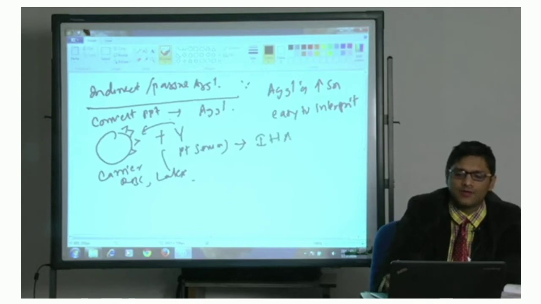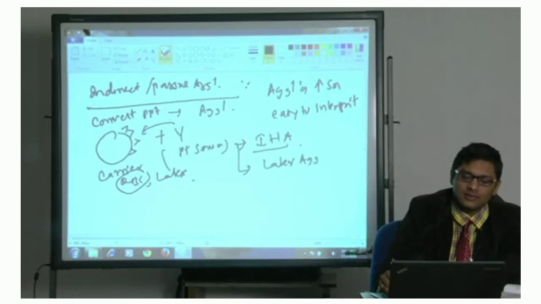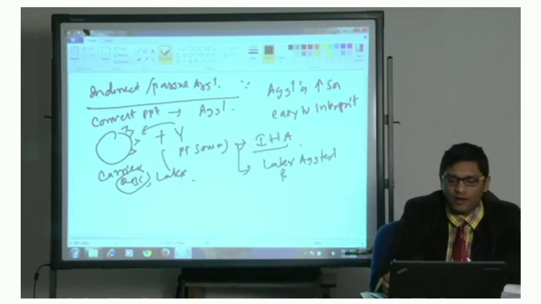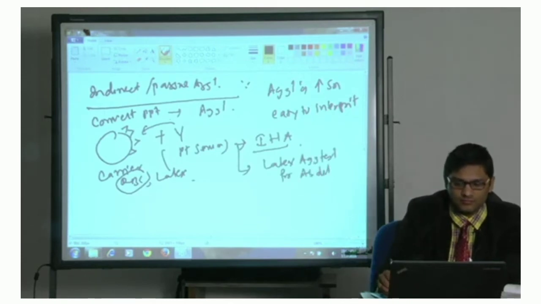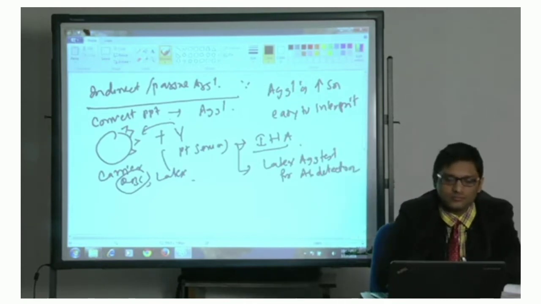If you are using RBC, it is called indirect hemagglutination test, or even latex agglutination test for antibody detection.